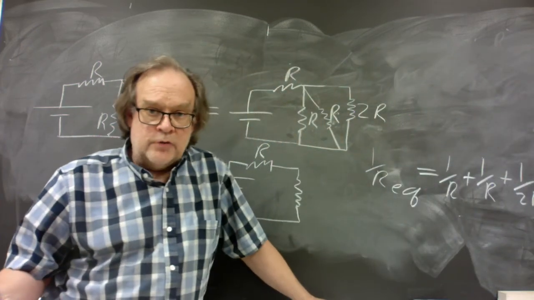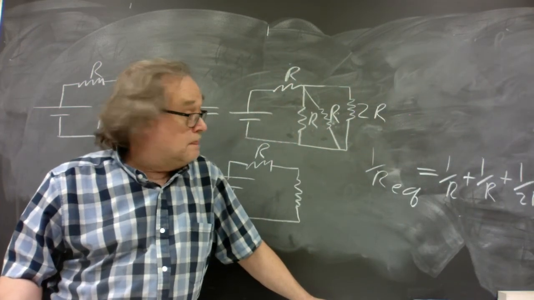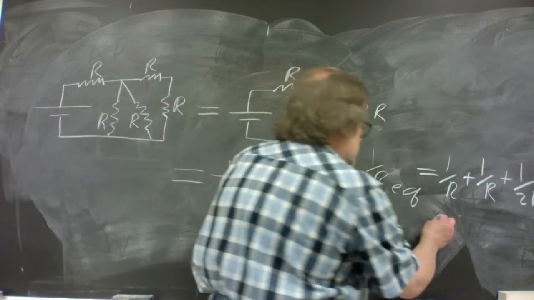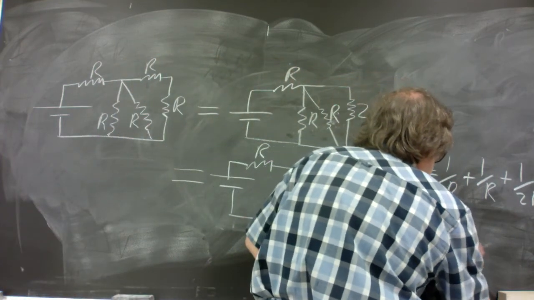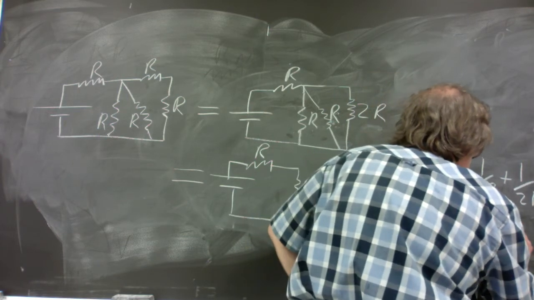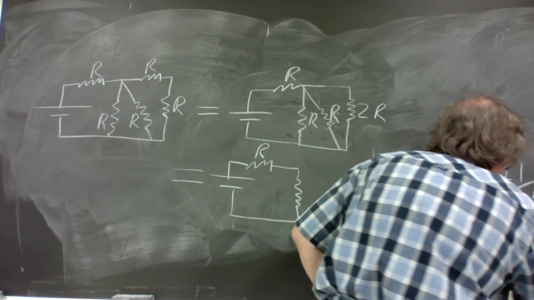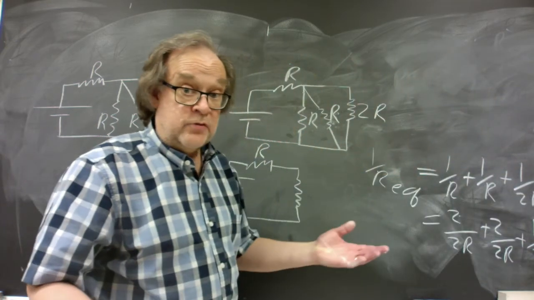And again, to add fractions, we need a common denominator. Simplest common denominator will be 2R. So this is just equal to 2 over 2R plus 2 over 2R plus 1 over 2R, or 5 over 2R.